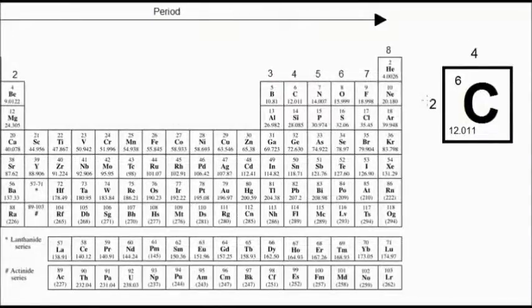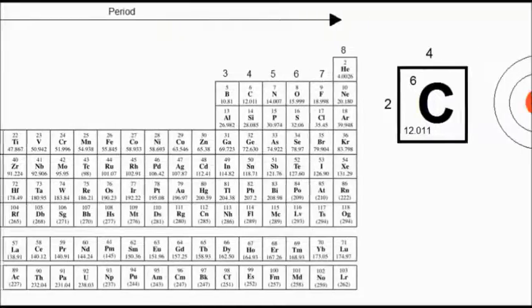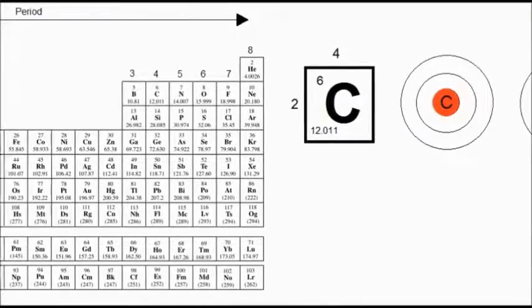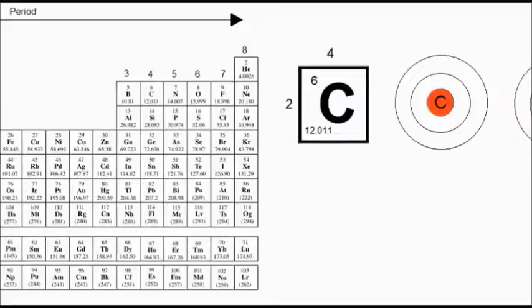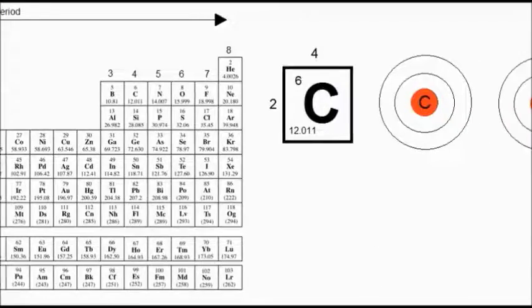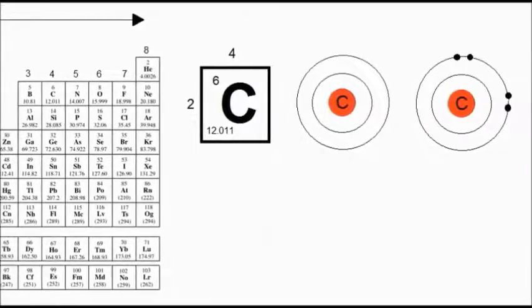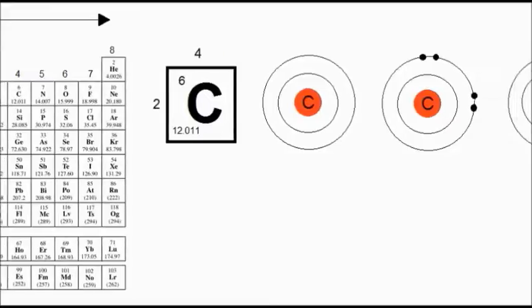So from the 2, the group number, we know it's going to be 2 electron shells. So we draw 2 electron shells for the carbon. And then we can see the top number says 4, which means it's going to have 4 electrons on its outer shell, the last shell. So we draw 4 on the last shell.